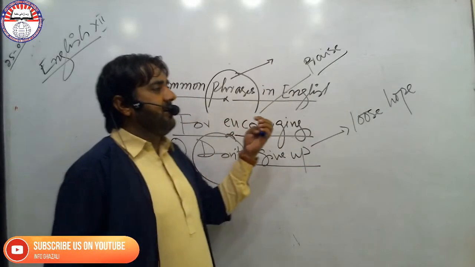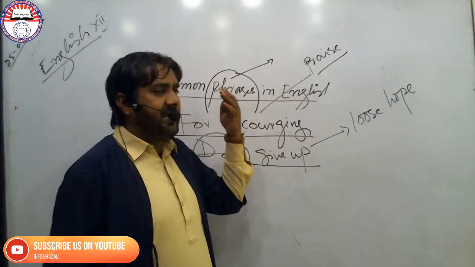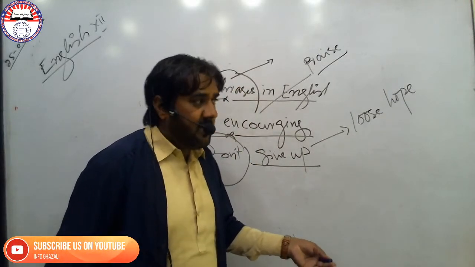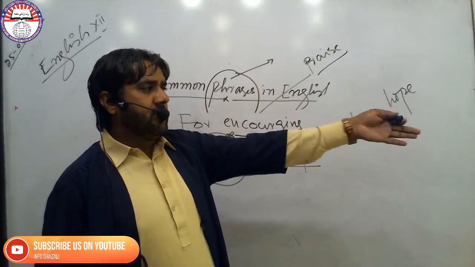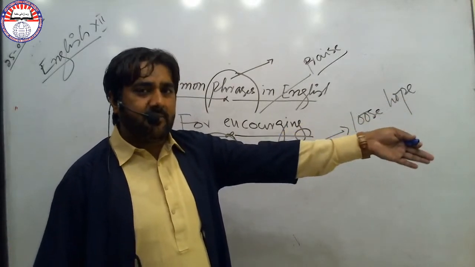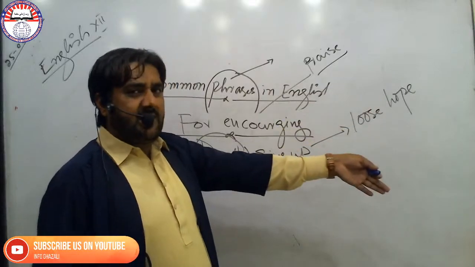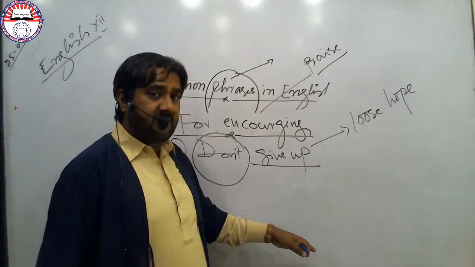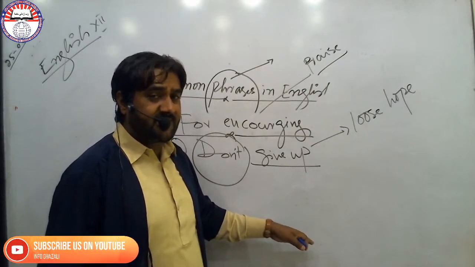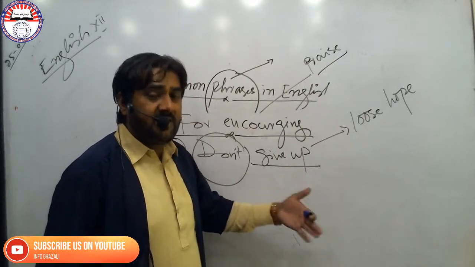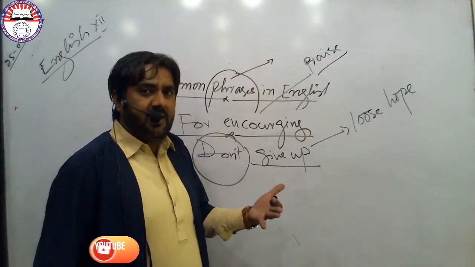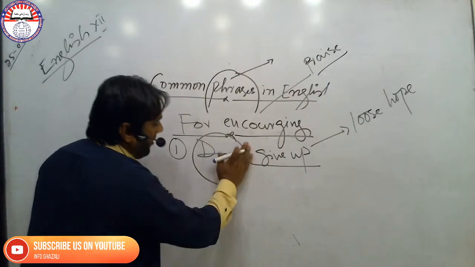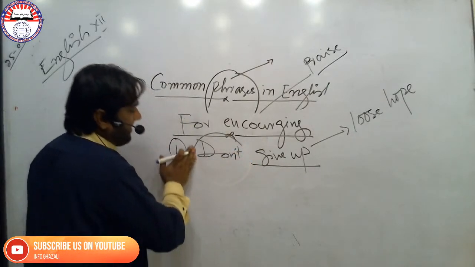Suppose somebody is doing something, he is trying his level best, he is trying his hardest, and you are there looking at him, observing him, rather than encouraging him, you have simply discouraged him, saying give up. I told you earlier that this is not a good sign. Rather, we need to encourage them, we need to boost them up. What happens if we say don't give up?